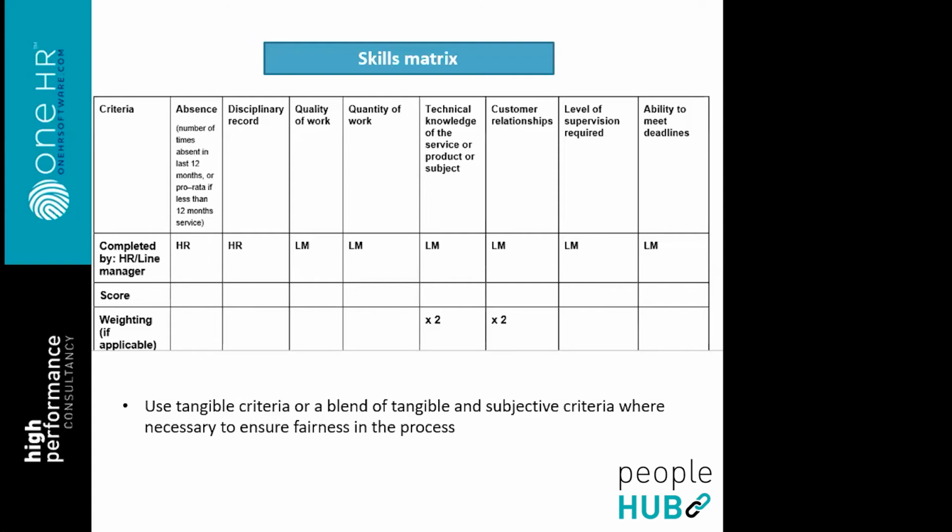It's obviously subject to some opinion. So it's helpful for you in terms of strengthening your case if you have a blend, so like absence record, disciplinary, and some subjective things. And then obviously the individuals who score the lowest out of that will be selected for redundancy.